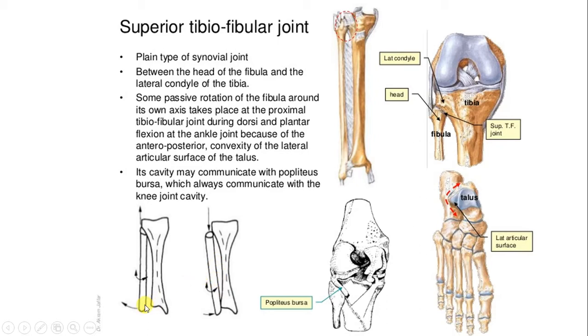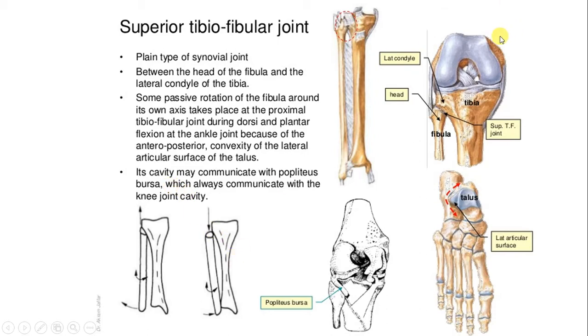Here the two are away from each other at the lower end, but here they are closer together. So here it is moving outside, here it is moving inside. So there is a passive movement of rotation occurring in this. That's why this joint is a synovial joint.